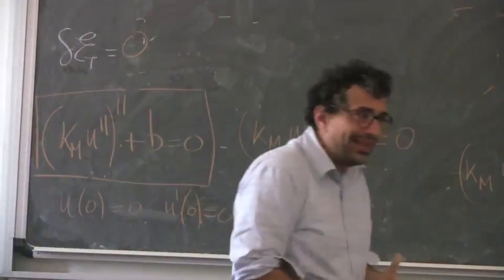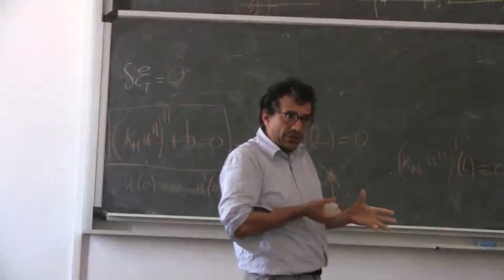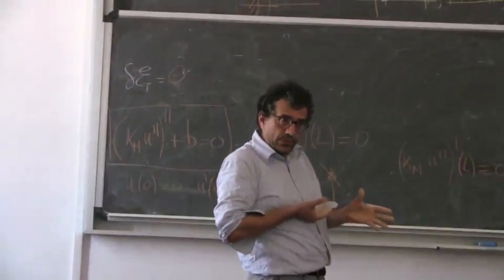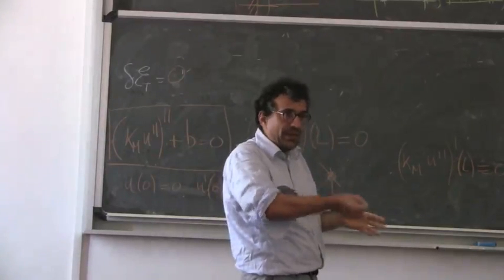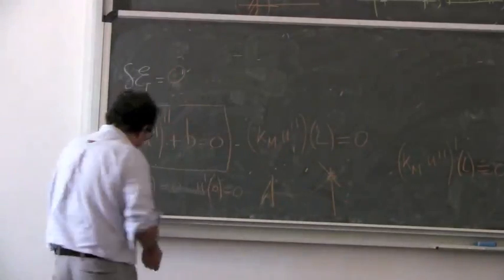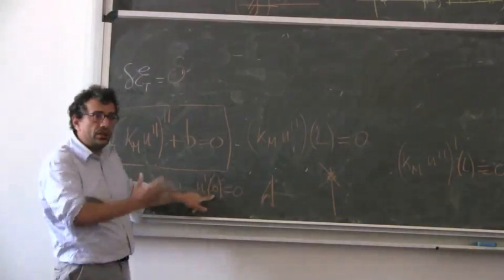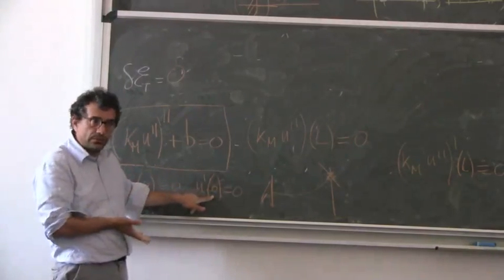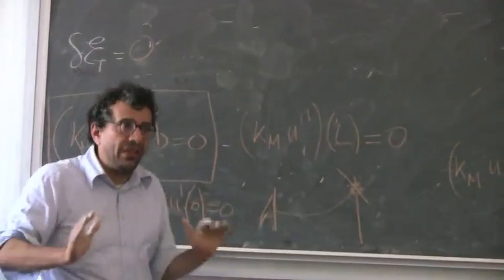So I fix the kinematical conditions. So I tell something which this system cannot do. I cannot change the position in 0 and I cannot change the angle of the section in 0. Then I vary everything.